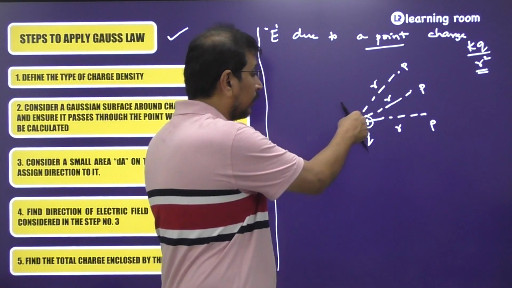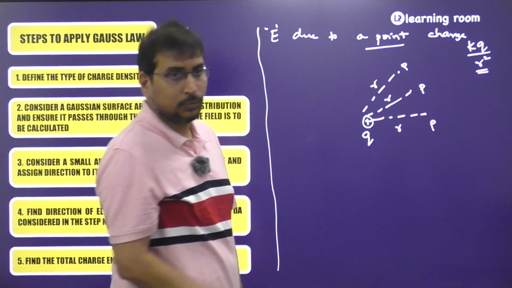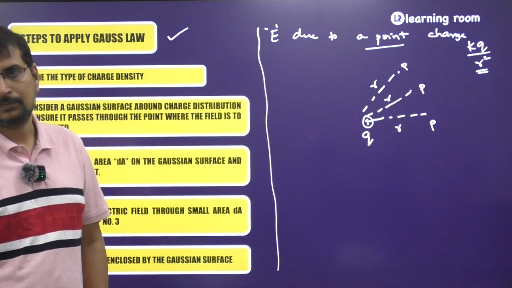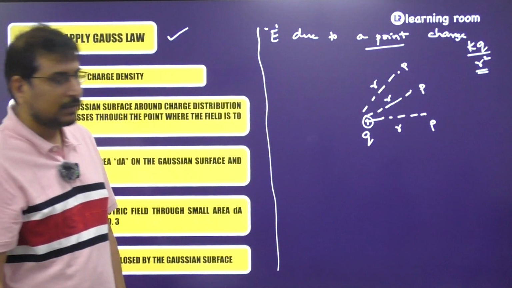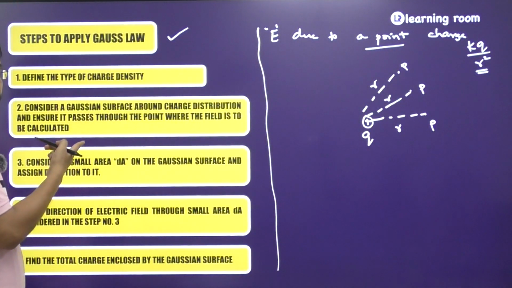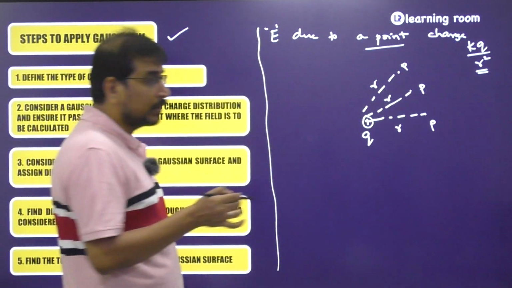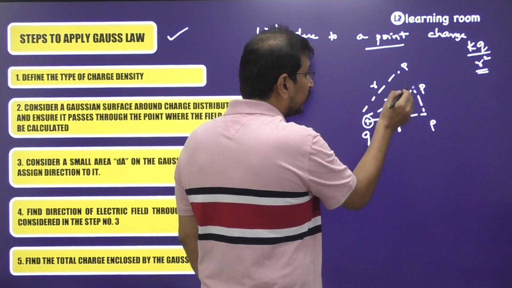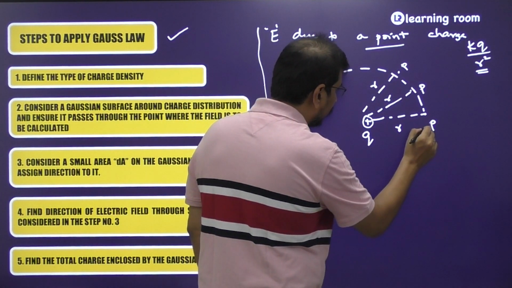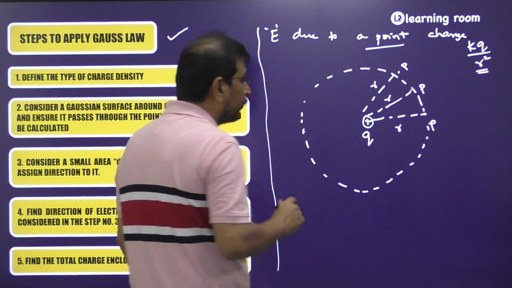But this point can also be at the back of the board, meaning it should be a sphere. Am I clear? One more important point: you need to ensure that the Gaussian surface is always passing through the point where the field is to be calculated. So you need to take the Gaussian surface in this case to be a sphere of radius r.